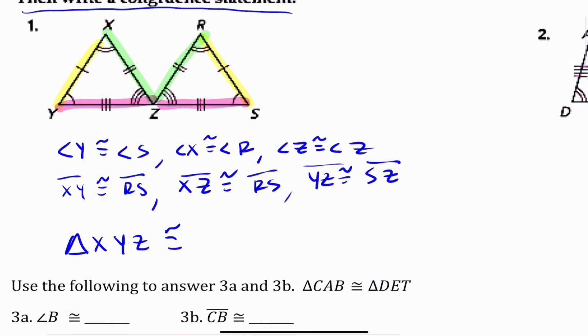So whatever corresponds with X, this is what you have to write. In this case, it's R, right? X is congruent to R. So it'd be triangle R, Y, so it's S right after, and then Z. And that's how you write a congruency statement. Okay.